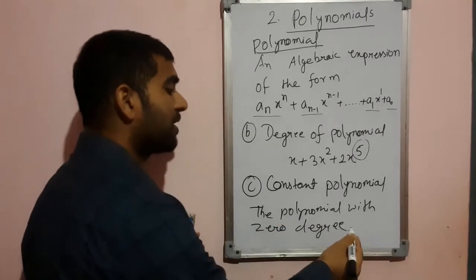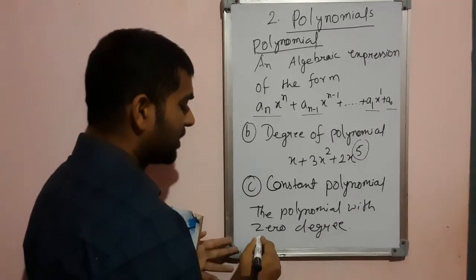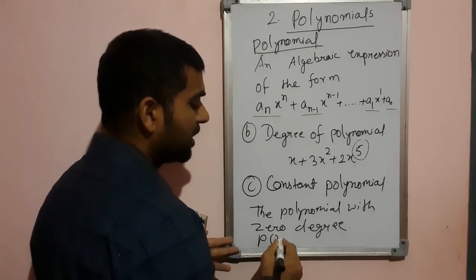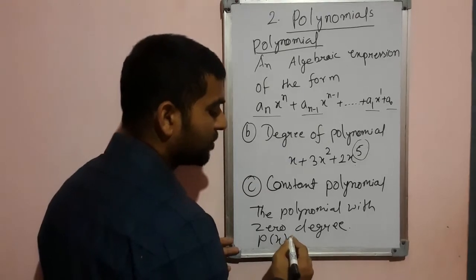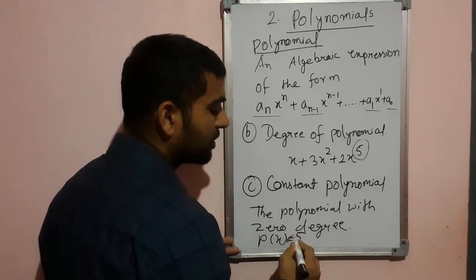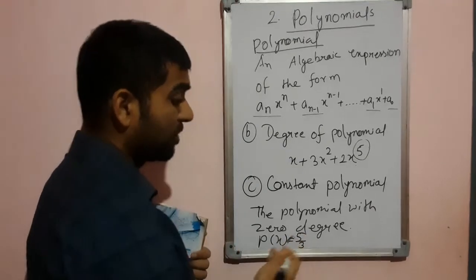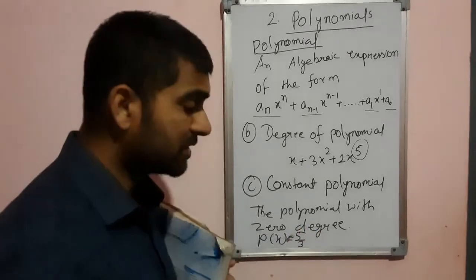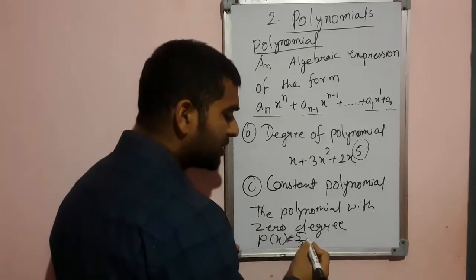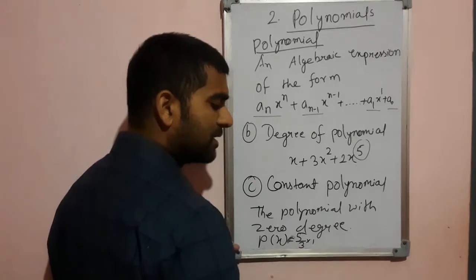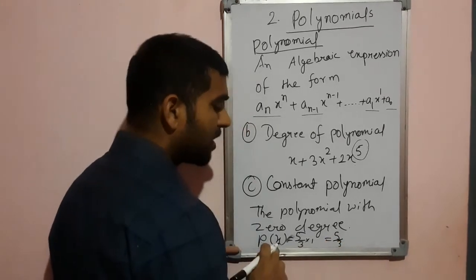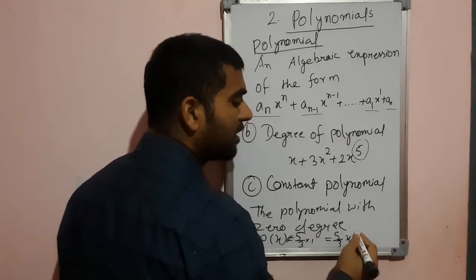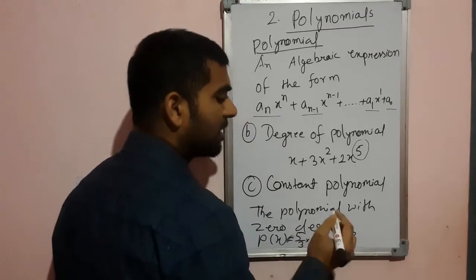Example, what you can write here: suppose we have a polynomial in terms of x, so we can write p(x) equal to, let us take 5 by 3. Now here there is no x, so how can we say that it is a 0 degree polynomial? Since it is in terms of x, we can write 5 by 3 times x power 0. x power 0 is 1.